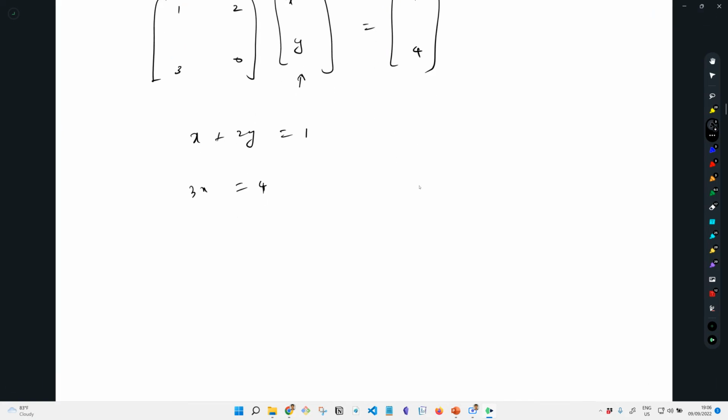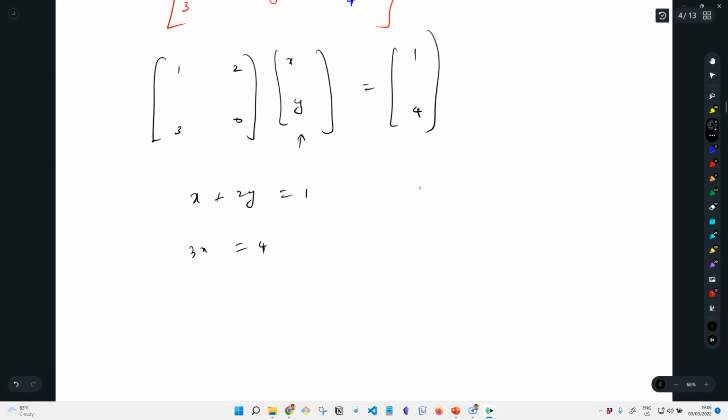From here you can see that you can obtain the solution to x, because this is one equation with just one unknown. From this equation you can get x equal to 4 by 3. Once you obtain x equal to 4 by 3, you can back substitute in the other equation.